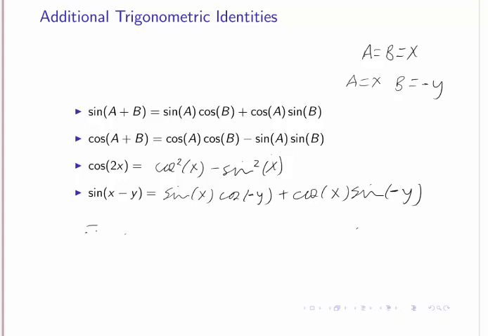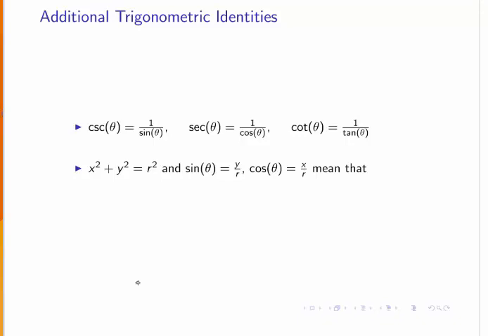And we can work on this a little more because remember cosine is an even function and sine is an odd function. So this will give us sine of x cosine of y minus cosine of x times sine of y. And that's our answer.